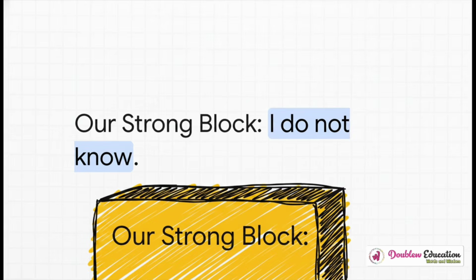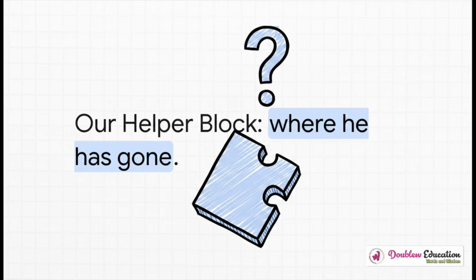So here's our solid foundation. I do not know. This is a perfect, strong block. Makes complete sense all by itself, right? We totally get it. Now, have a look at this helper block. If I just walked up to you and said, "Where he has gone," you'd be waiting for the rest, wouldn't you? It feels unfinished. It just can't stand alone.